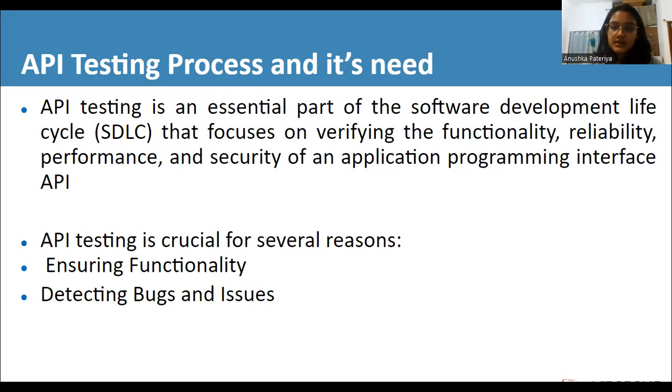So API testing is crucial for several reasons we can see over here. It ensures functionalities, as I mentioned before, and detects bugs and issues. It's extremely important in a test.